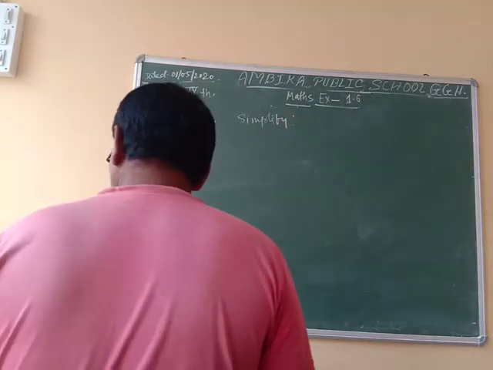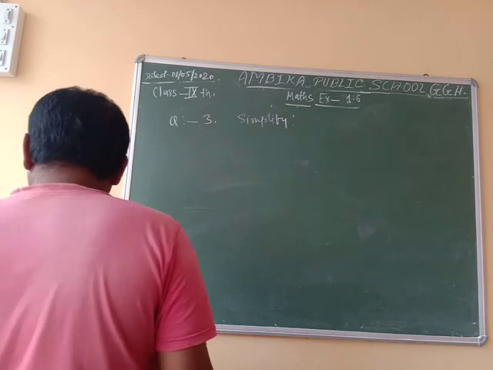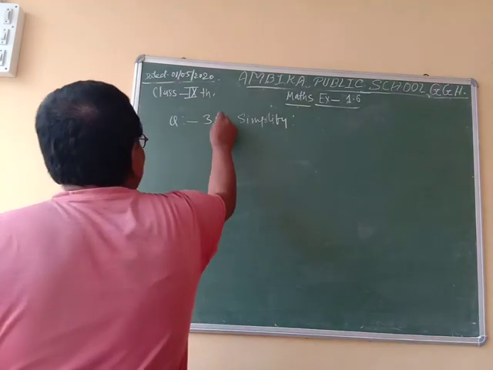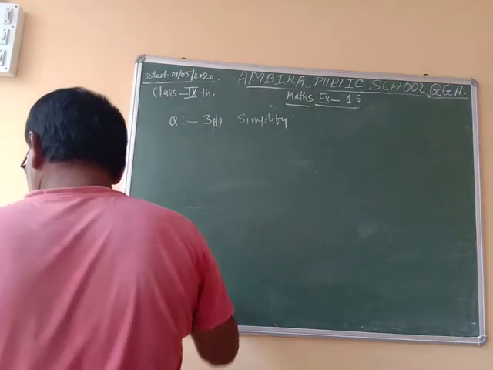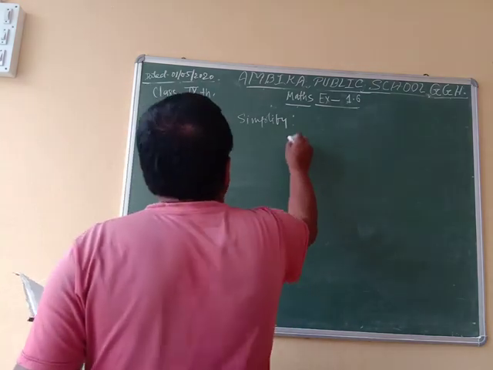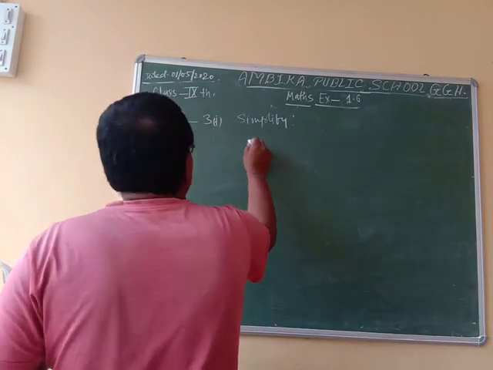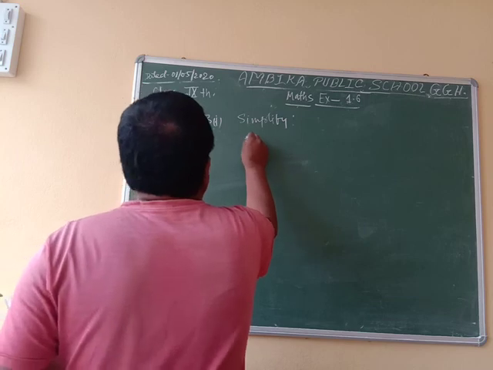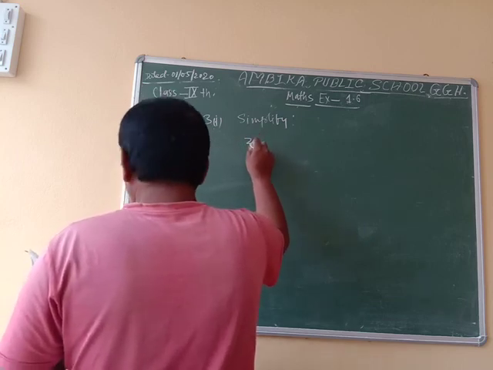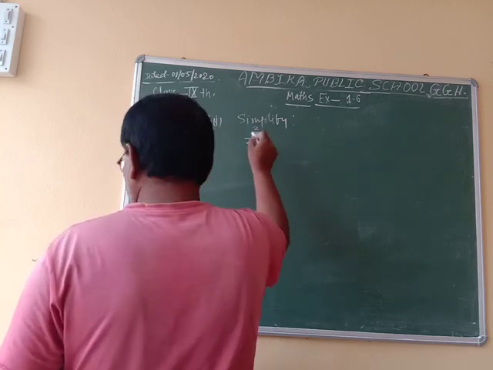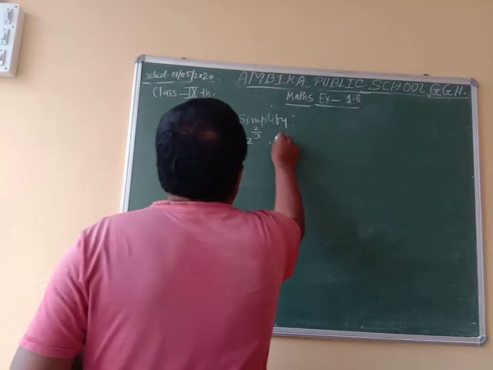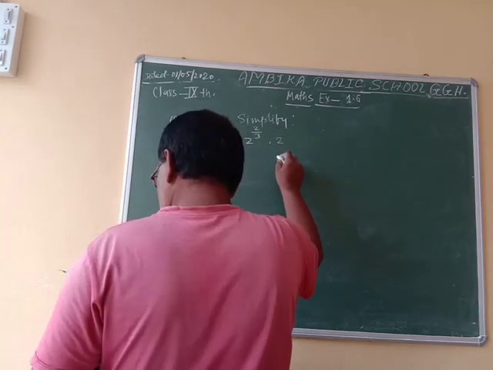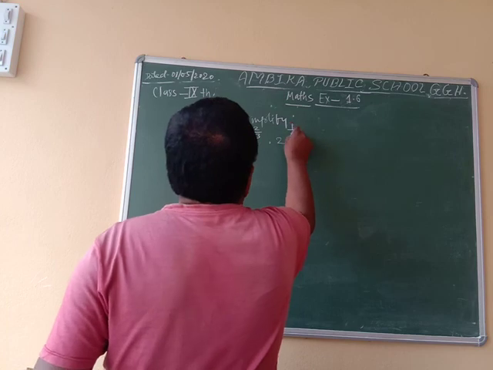Simplify 2 to the power 2 by 3 into 2 to the power 1 by 5.